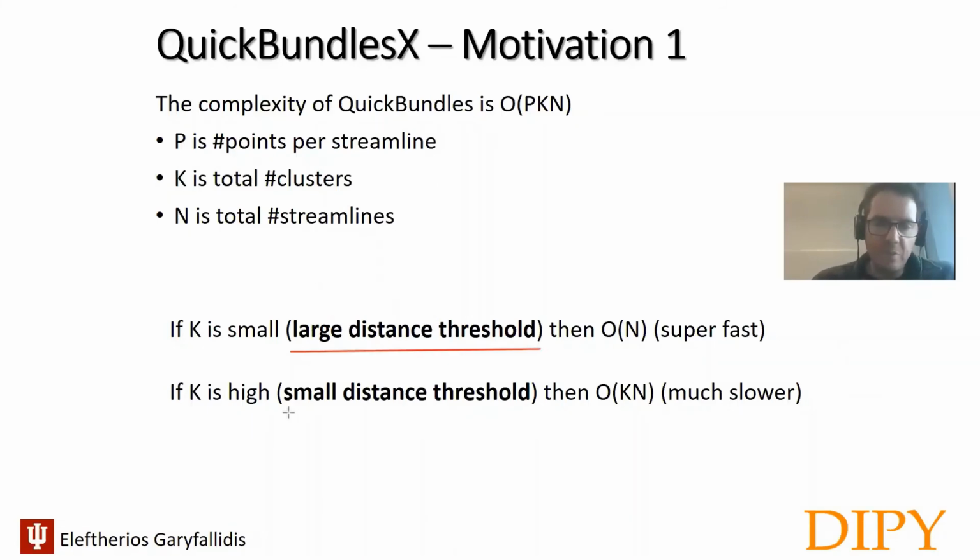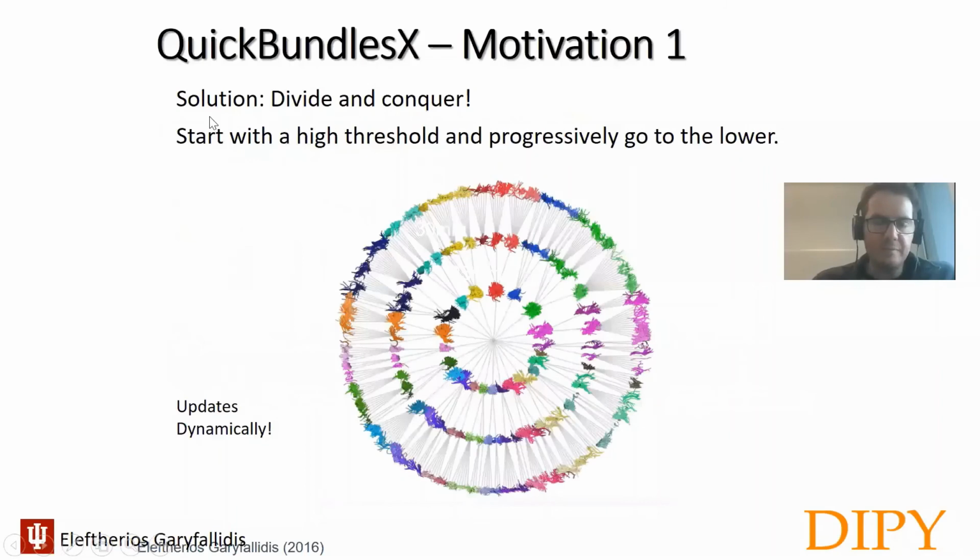If you have a small distance threshold, then the number of clusters is high. So what you can do there is build a divide and conquer technique and create a faster version, QuickBundlesX.